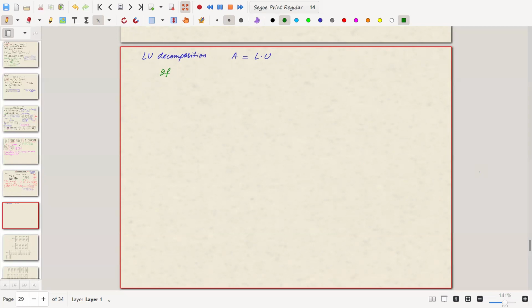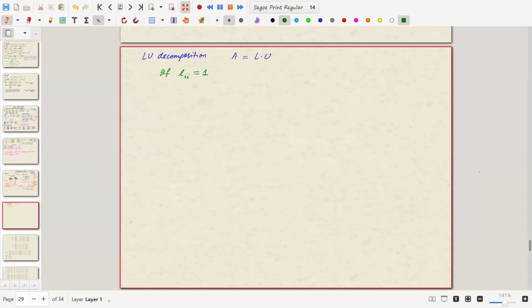If all of your diagonal elements in the lower triangular matrix, L_ii, where ii means the diagonal elements, are 1, and you have that sort of decomposition, then this method is known as something, I'll tell you later.